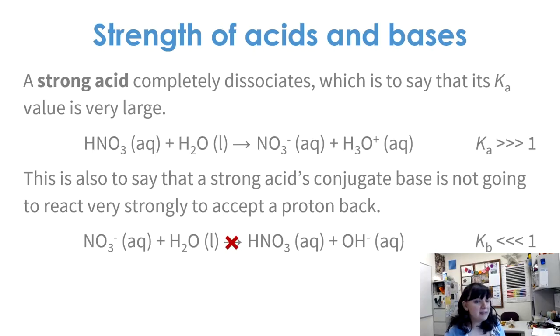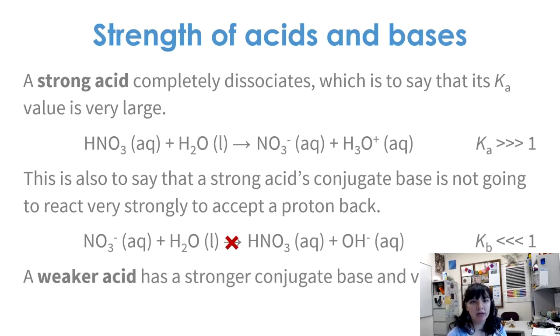And so what that essentially means is that the conjugate base of a strong acid is going to have a Kb that is effectively zero. It cannot really ionize in the way that a base would because that forward reaction of dissociating into the conjugate base was so strong, right? That's going to mean then that the Kb is going to be very small, so very weak base.